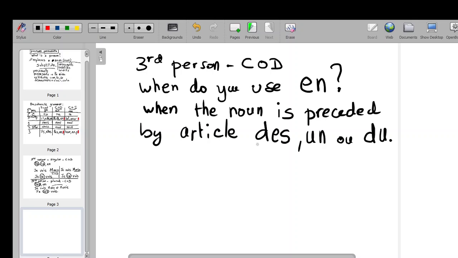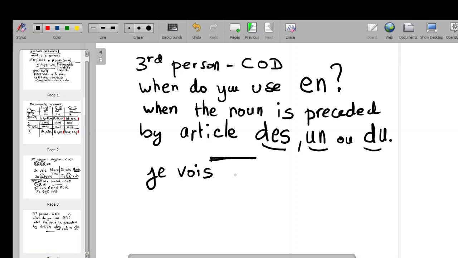So des is an article indéfini pluriel, un is an article indéfini singulier, and du is called an article partitif. I'll give an example, one for each. Je vois des voitures. I see cars, some cars.